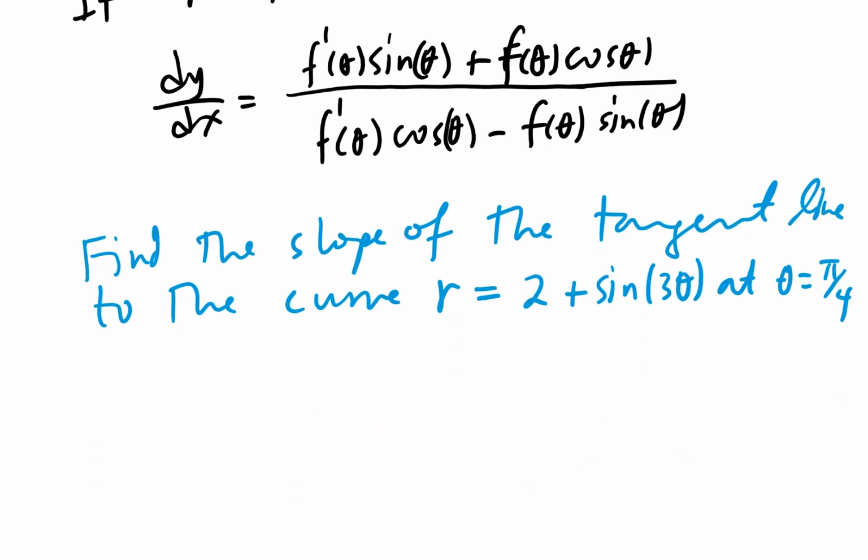So first we need to find r prime, or f prime of theta, which is 3 cosine 3 theta.